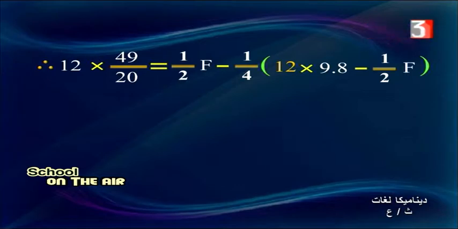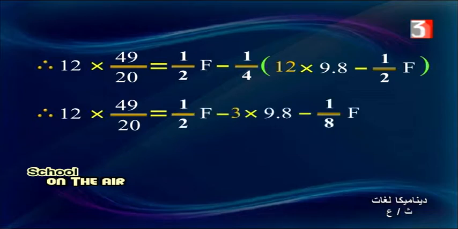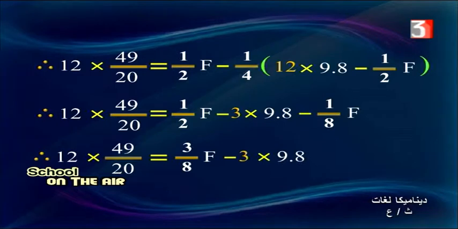Now we can expand the brackets to simplify the equation. The left hand side 12 times 49 over 20 equals the right hand side half F minus 3 times 9.8 minus 1 over 8 F.